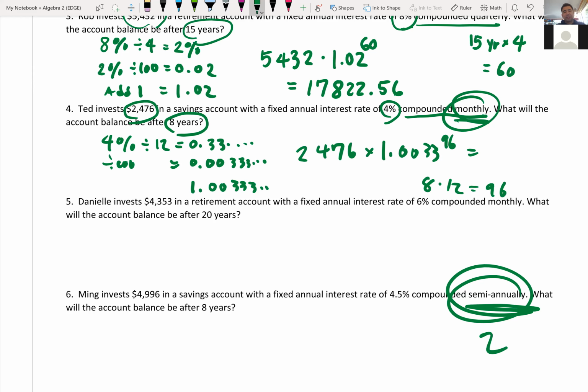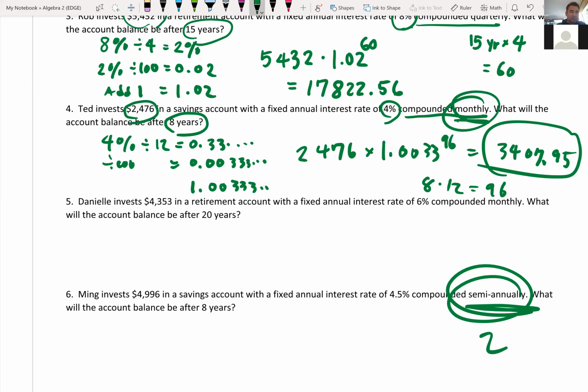So what you can do is 2476 times, you can type it like that, 2476 times X to the 96, because now the X button represents 1.0033. And so that will be the accurate answer. Which is, what is it? 3407.95. Okay. And that's what the bank will give you.